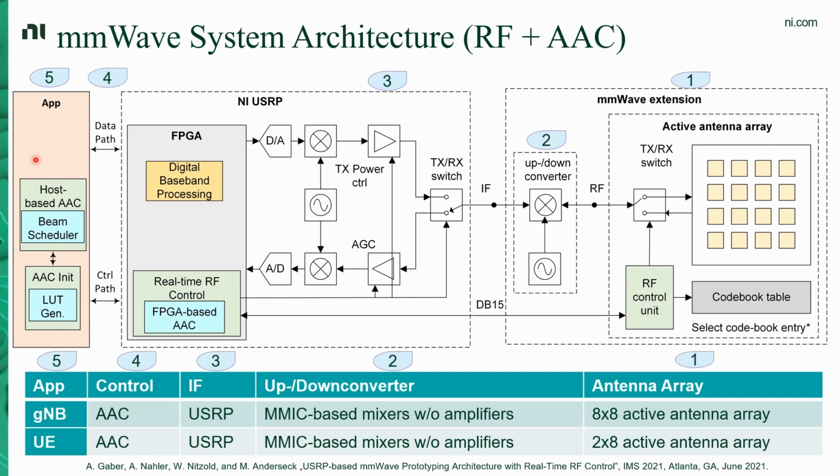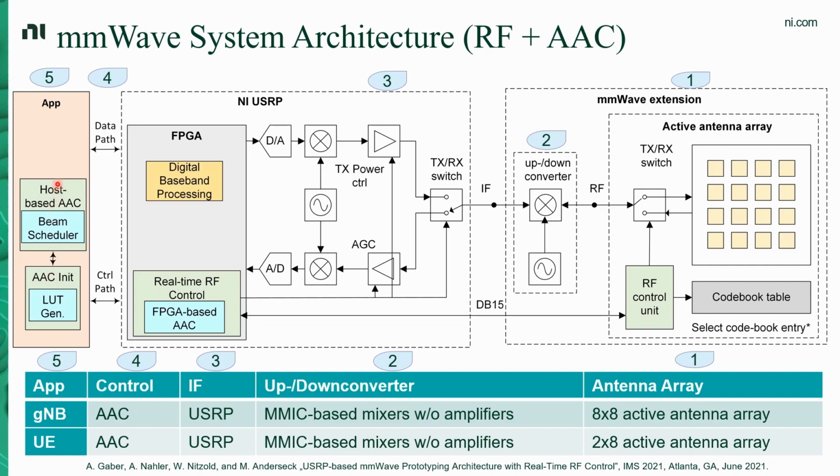Regarding the antenna array control, it has three components. The first component is initialization. It sets the static configuration that is related to the active antenna array hardware operation. The lookup table represented by beam indices of the selected active antenna array is generated and stored in a DRAM on the USRP FPGA.